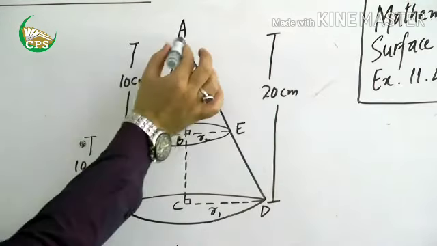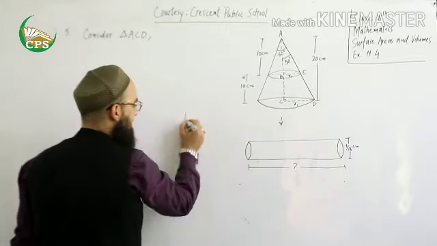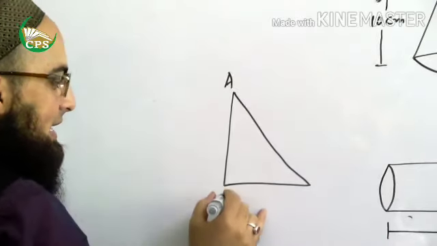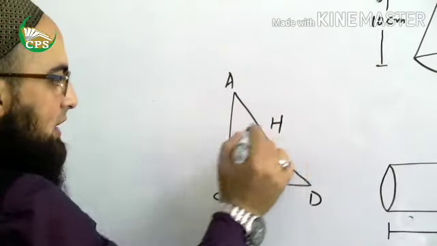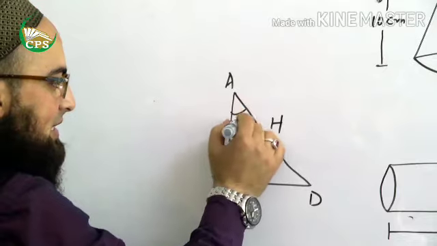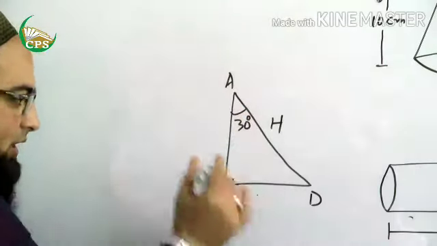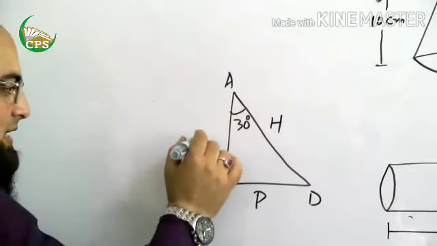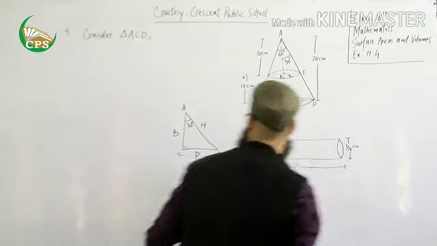In this right angle triangle ACD, if I zoom it, we have this side hypotenuse, this side is perpendicular because this is 30 degree. So the side opposite to 30 degree is the perpendicular, and the side adjacent to 30 degree is the base, that is AC.